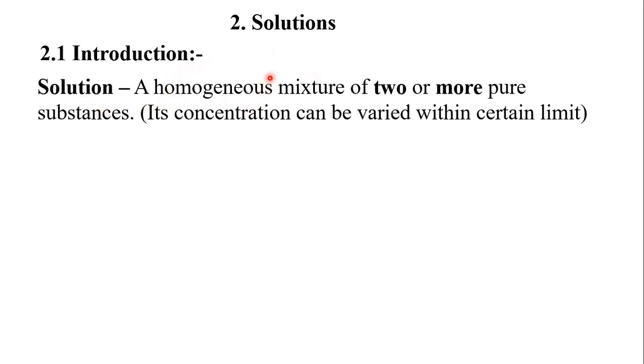That means the composition or the component is uniform throughout the substance. So therefore it is called a homogeneous mixture. So solution is a homogeneous mixture of two or more pure substances, and its concentration can be varied within certain limits.